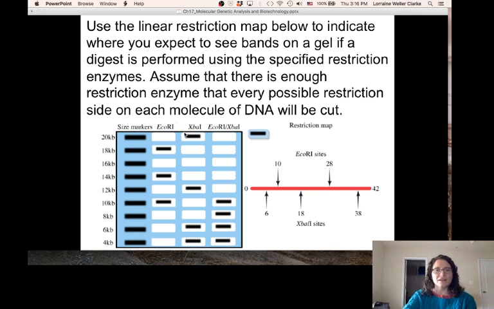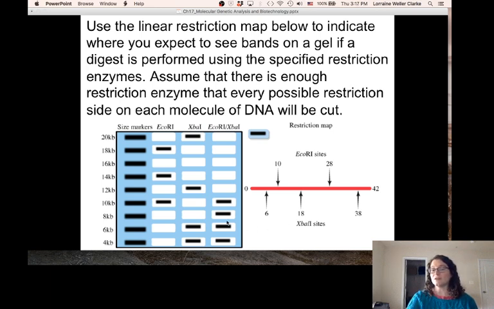If it's cut by the XbaI, you have one that's 20 kilobases long. That's this one. You have one that's 12 kilobases long. That's this one. One that's 6, that's the first part, and you have one that's 4, that's the last part. Again, we see this 10, 8, 6, 4 like we expected.